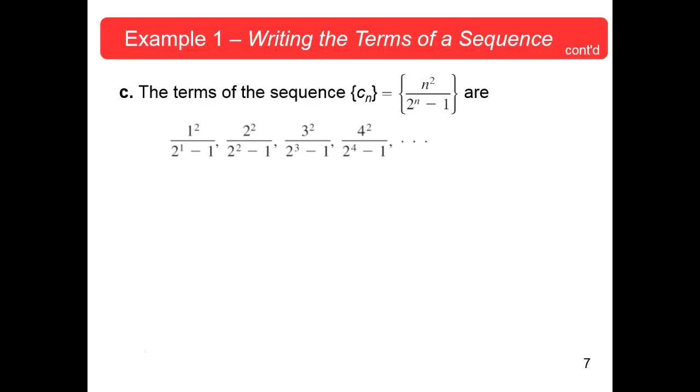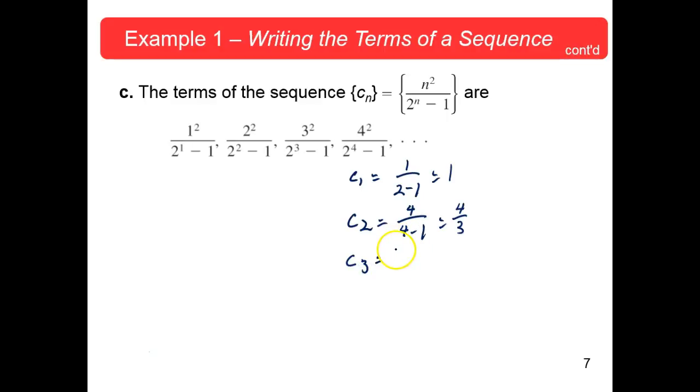How about this one? What would that be? C(1) would be 1 over 2 minus 1, which is 1. C(2) would be 4 over 4 minus 1, which is 4/3.